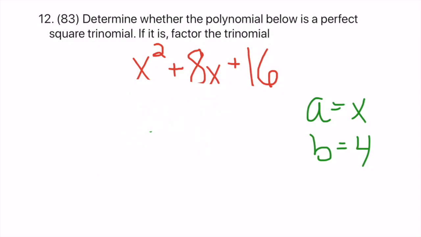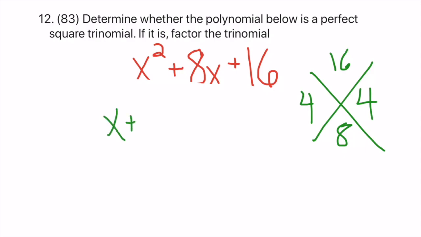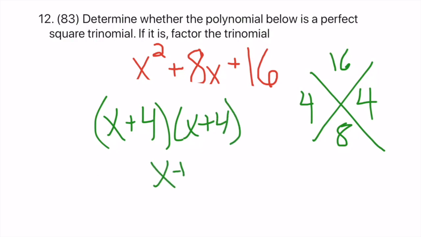It's a little bit longer, but it works nonetheless, where you make your x and you have 16 up here, 8 here, and you find two numbers, multiplied together give you 16, added together give you 8, and that's 4 and 4. So that means we have x plus 4 and the exact same thing, x plus 4. So you would write that simplified as x plus 4 squared, since there's two of them.